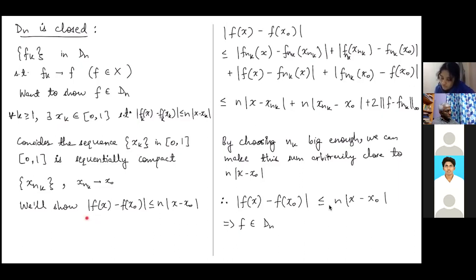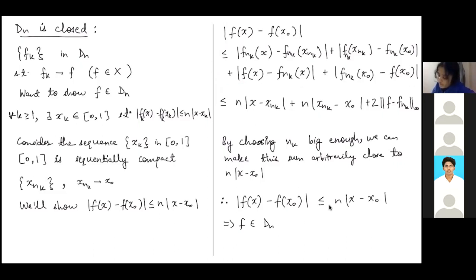So this is the quantity we have to put a bound on. What we'll do is use the triangle inequality here. We'll introduce f_nk because we have some control over that. So here, I've written this as a sum of 4 things. It's really just a simple application of the triangle inequality.